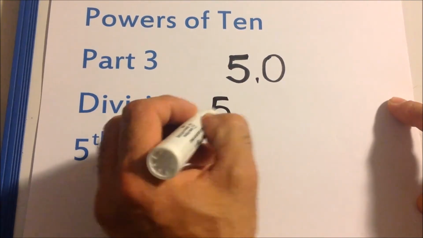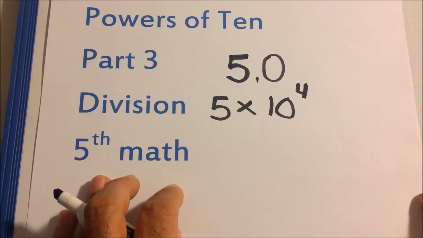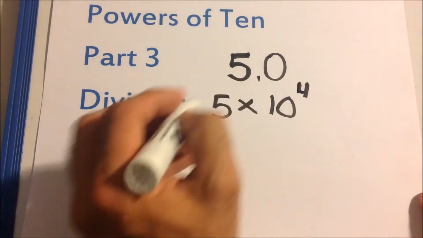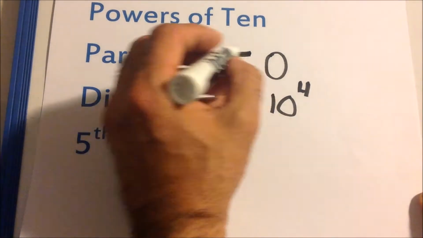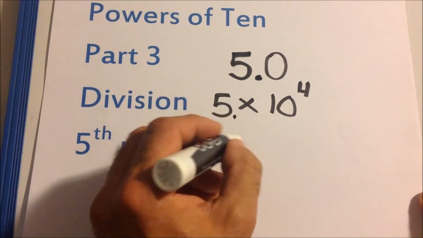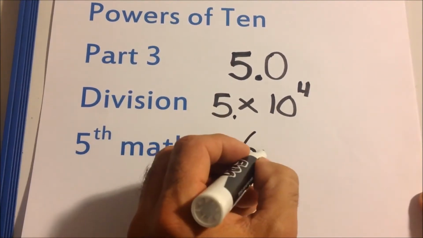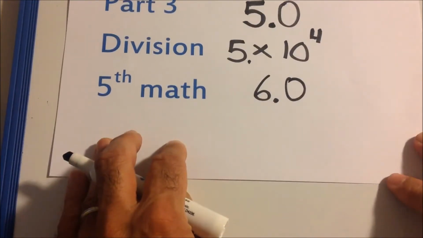So if we had, let's say, 5 times 10 to the 4th power, well, remember in multiplication, we're going to move the decimal, and where's the decimal? It's right there. It's invisible, right? It's right in front of the number. So if you ever see a number like 6, there's a decimal right there, 6.0. Okay, so let's go back to 5.